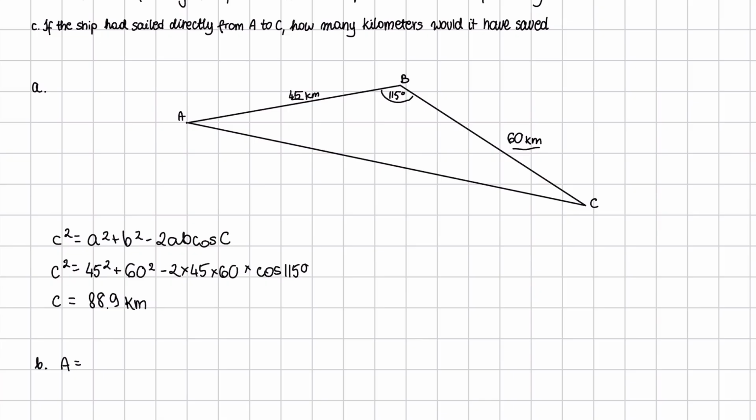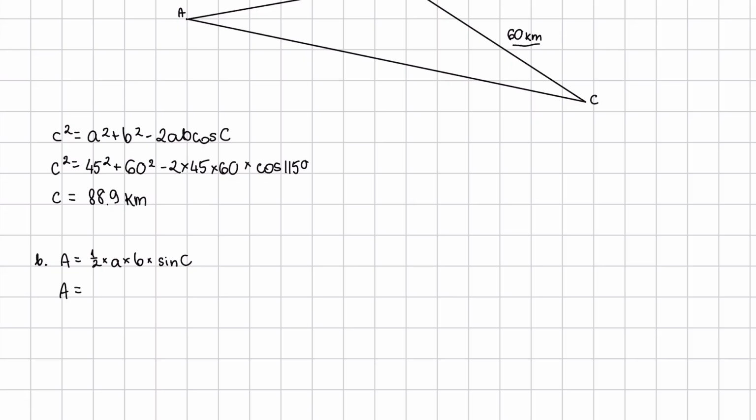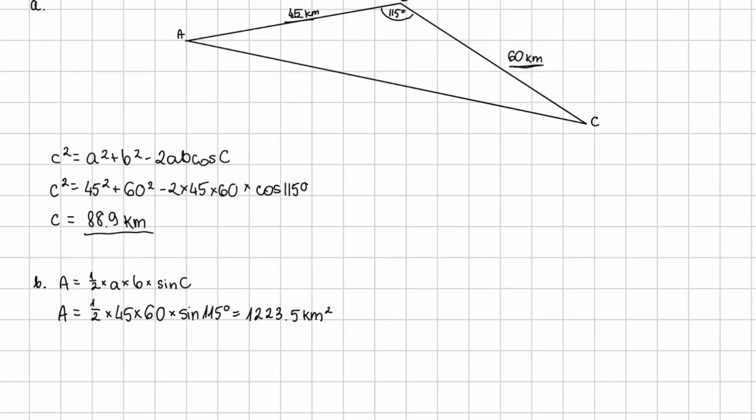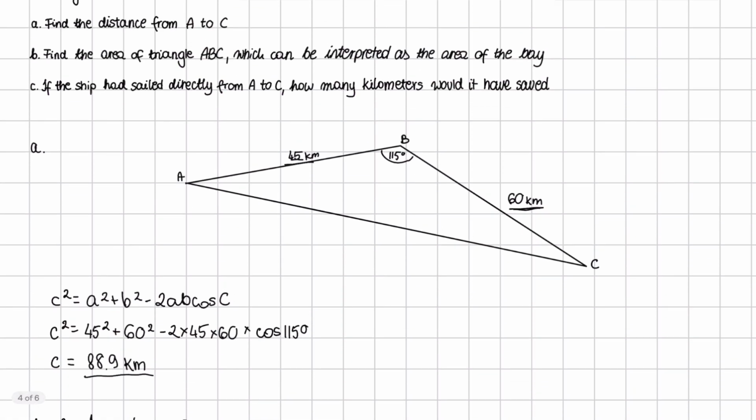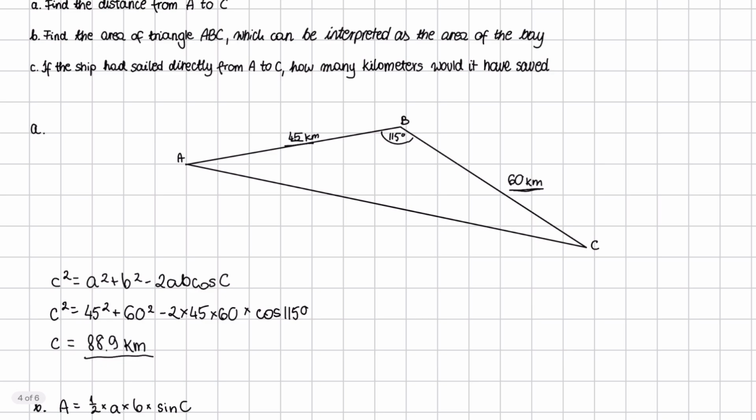It looks like this: 1/2 times a times b times sine C. So A equals 1/2 times 45 times 60 times sine of the angle between them, so 115 degrees, and we have to calculate it on our GDC. So the area is 1223.5 kilometers squared.